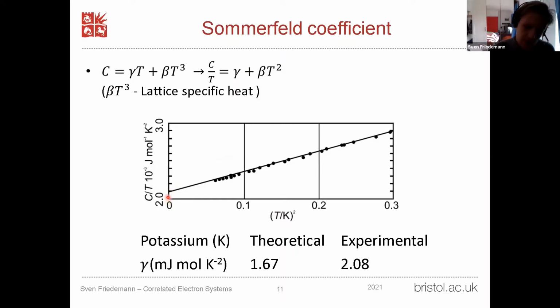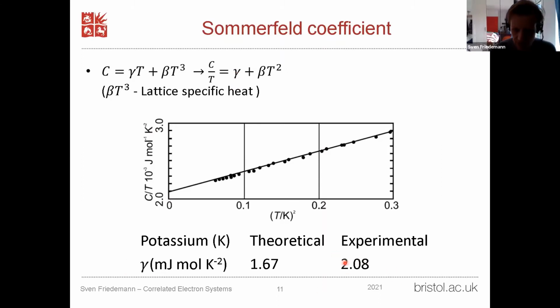So you can read off the intercept right here. For instance, the experimental value for potassium, you would read off 2.08. Units are 10 to the minus 3, so millijoule per mole and Kelvin squared. So that's the molar specific heat shown here, and that's the standard thing to do. So this intercept is gamma, as we said. That's the Sommerfeld coefficient.